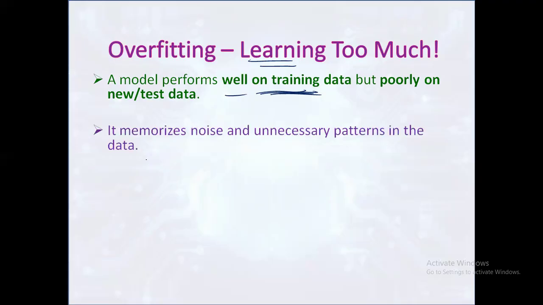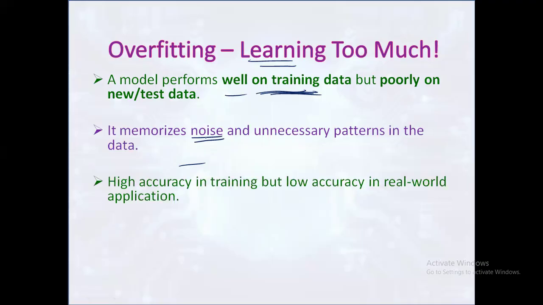In overfitting, the model starts to memorize the training data, including noise, irrelevant data, or details. This results in high accuracy for seen data but poor performance for any new or unseen inputs.